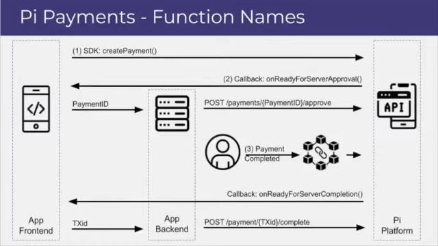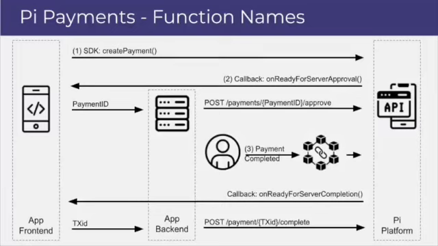Now, on the next slide, we are linking all of these concepts with technical terms that are used in our documentation and that are the actual function names and API endpoints that will have to be called in order to implement this. So number 1, to create the payment is an SDK method. SDK meaning the front-end JavaScript library that gets integrated into the app front-end.